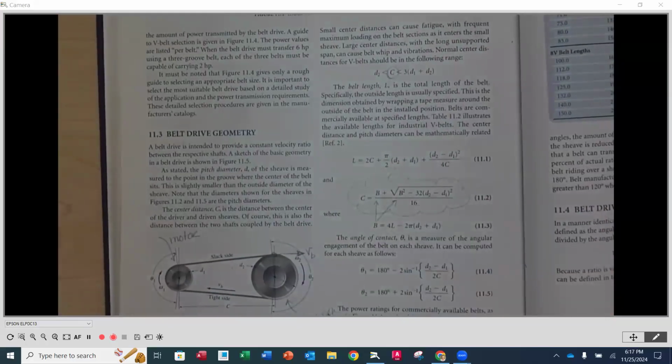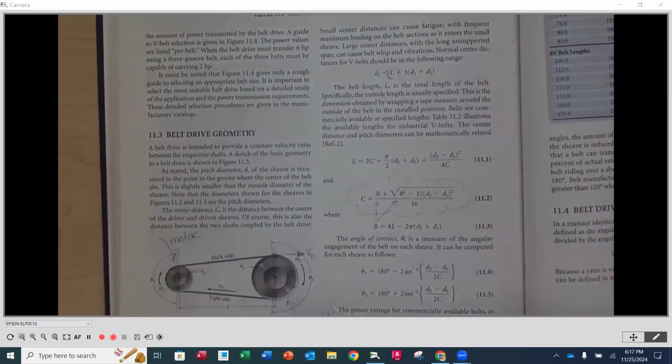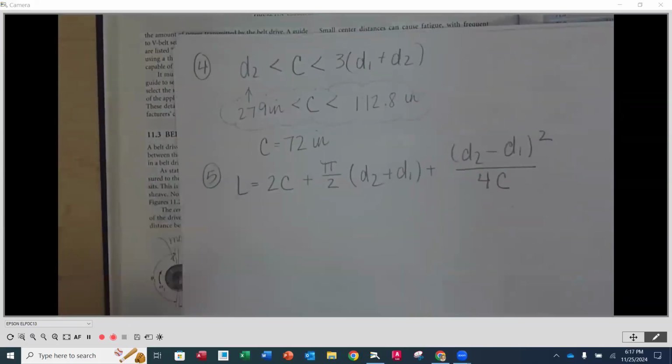So it's going to be 2 times C plus pi over 2 times D2 plus D1 plus D2 minus D1 squared over 4 times C. Okay, so I just rewrote that equation right there, and that's what we're going to work with.